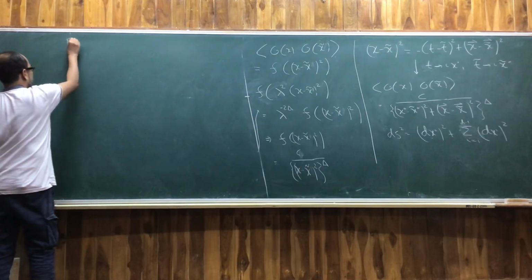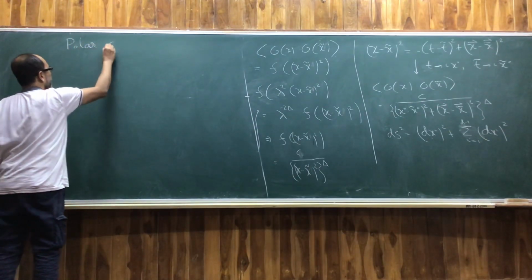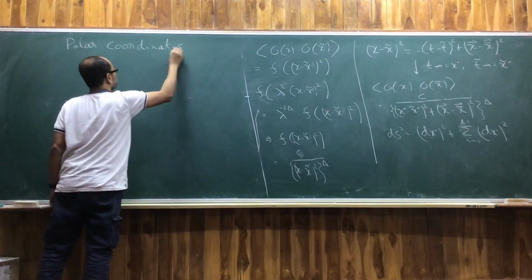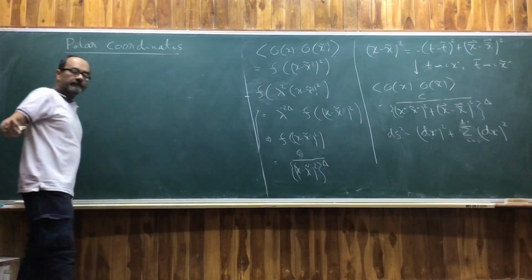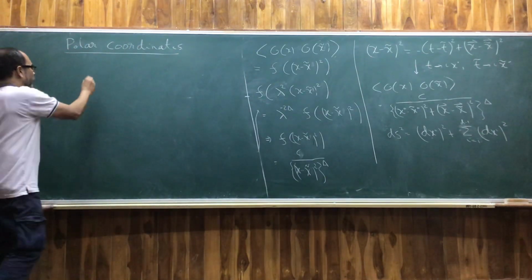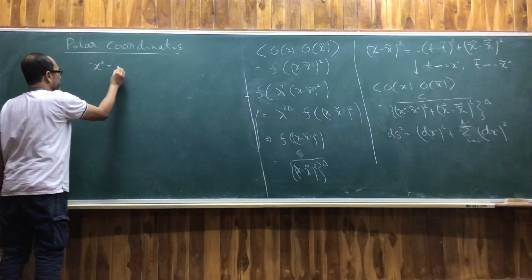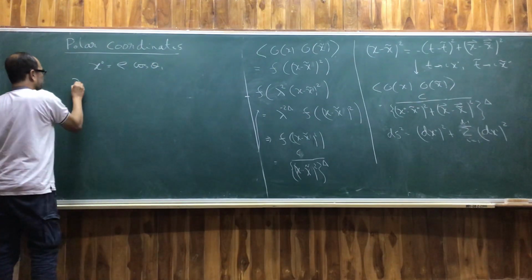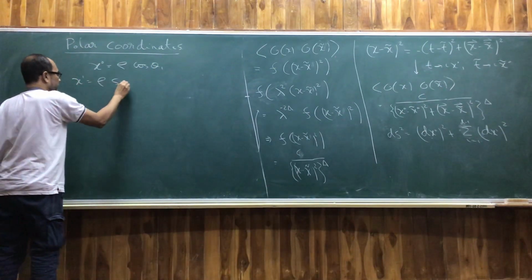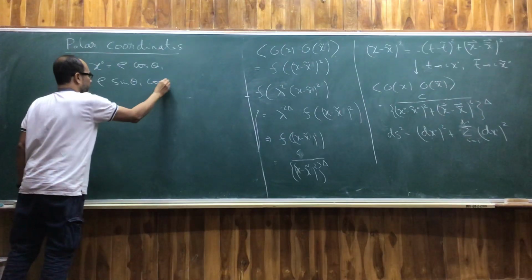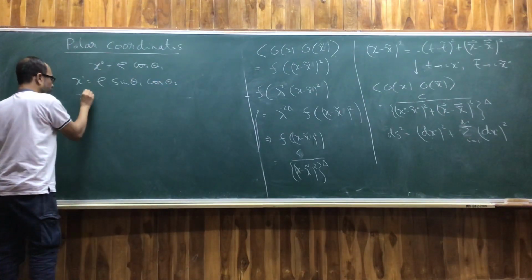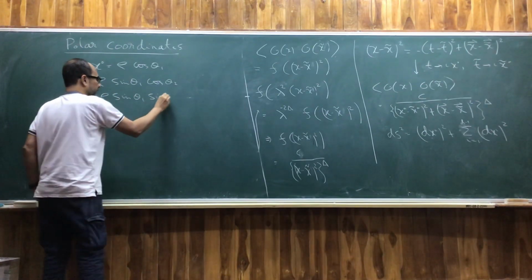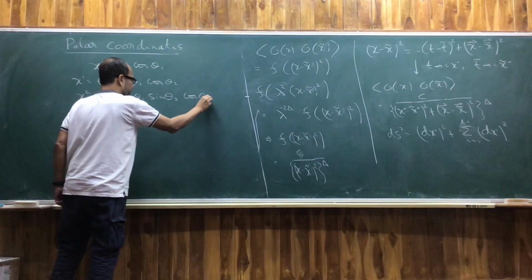Now we are going to use polar coordinates. We introduce polar coordinates in the standard way. So x0 is rho cos theta 1, x1 is rho sin theta 1 cos theta 2, x2 is rho sin theta 1 sin theta 2 cos theta 3, and so on.